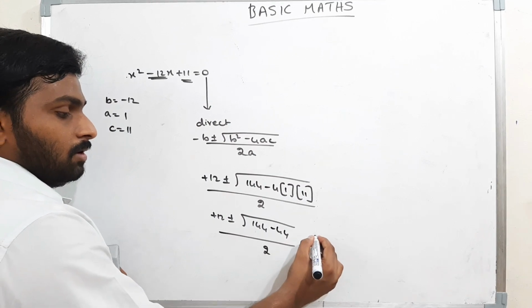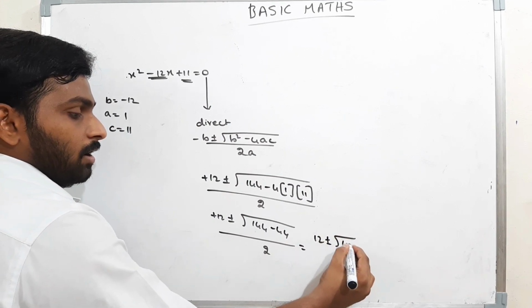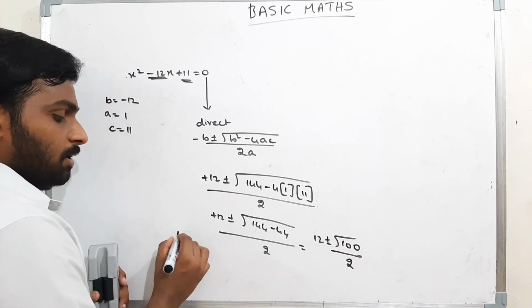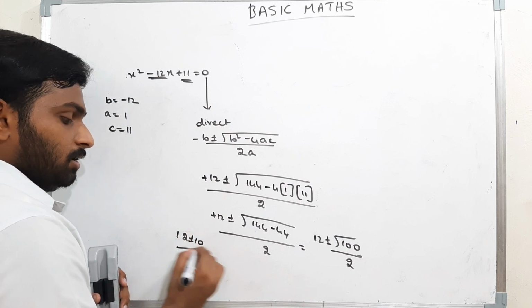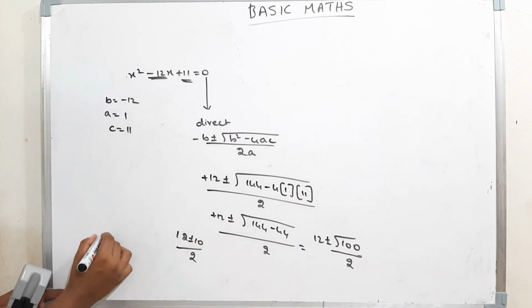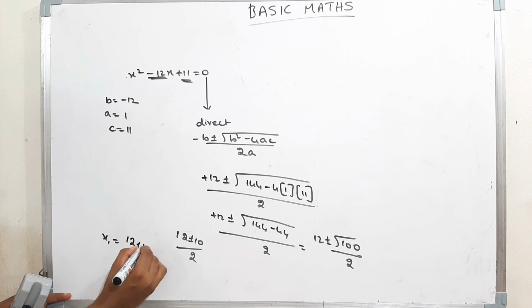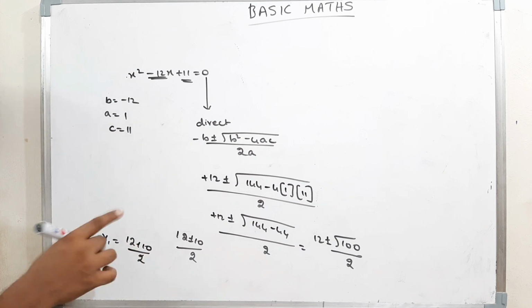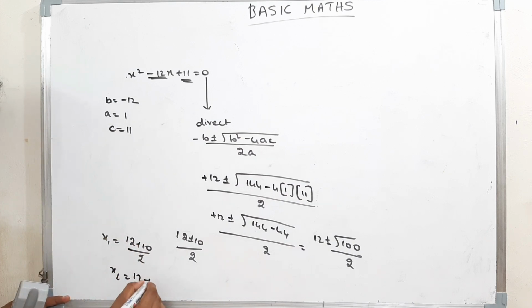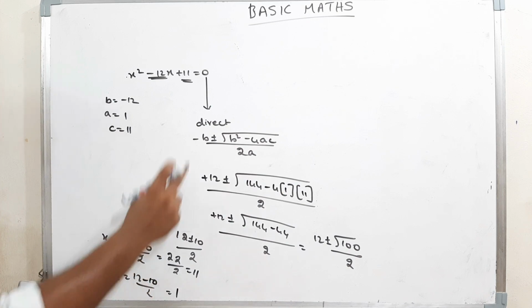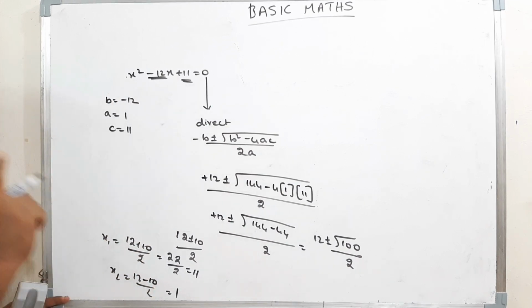That is nothing but 12 plus or minus root of 100 by 2, that is 12 plus or minus 10 by 2. Therefore, I will take one root x1 as 12 plus 10 by 2 and another root as 12 minus 10 by 2. One time I am taking plus and one time I am taking minus. Therefore, what are the roots? 22 by 2 is nothing but 11, or 12 minus 10 by 2, that is 2 by 2, nothing but 1. Therefore, the roots of this equation are 11 and 1.